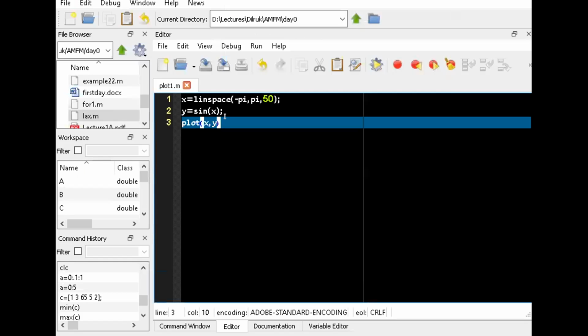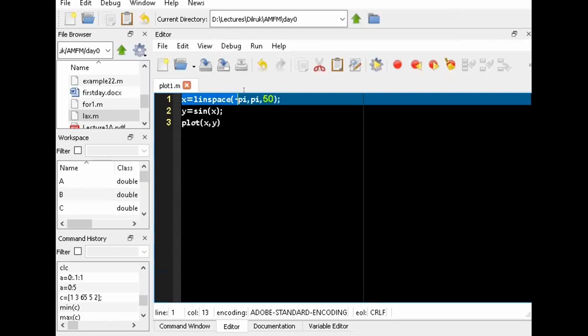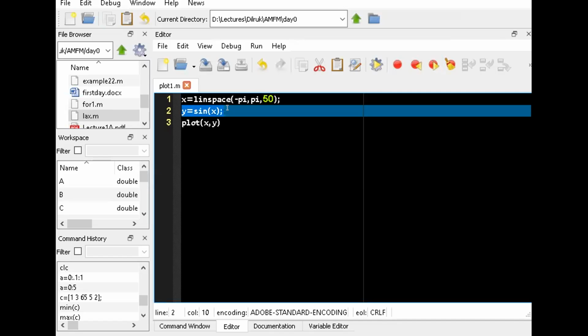Okay, you can put a graph, right? So first, discretize the interval that you are interested in. And here I'm interested in minus pi to plus pi. I want to discretize that using 50 points. And for your dependent function, you calculate the sine of each point.